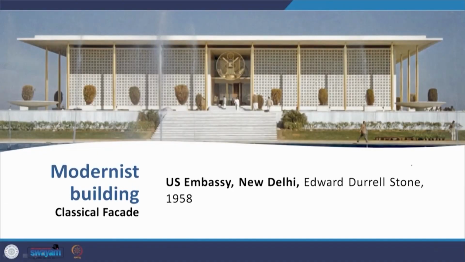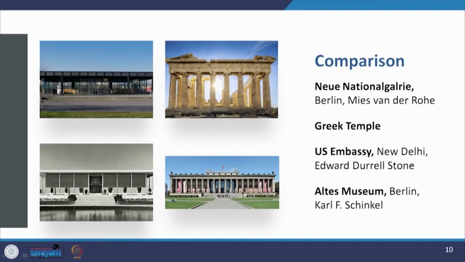Now coming to the building of the US Embassy by Edward Durrell Stone, it was a modernist building in a kind of classical geometry. So if you take the example of classical geometry, we find it in the Greek temple.